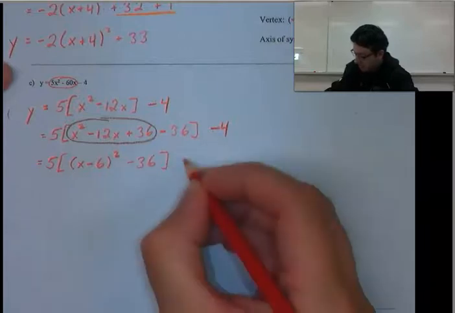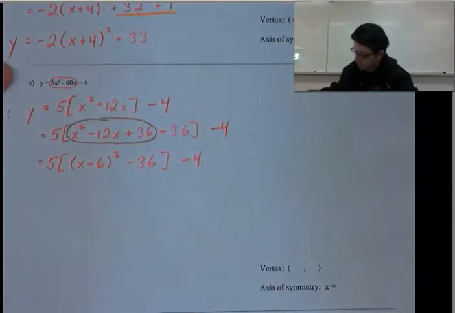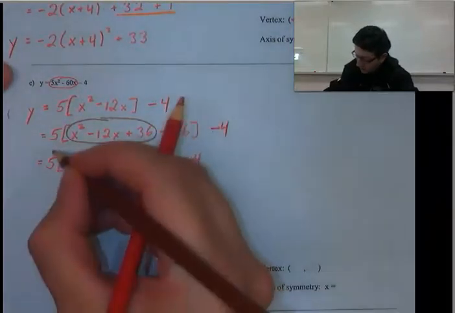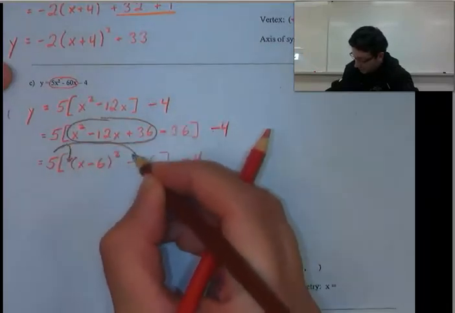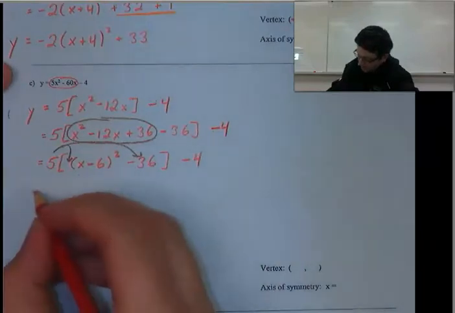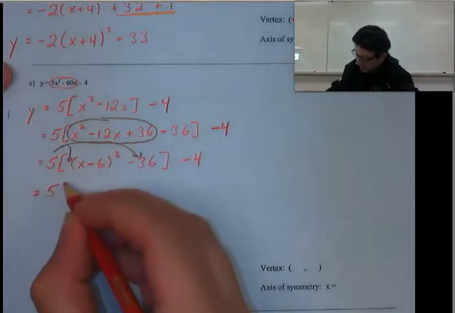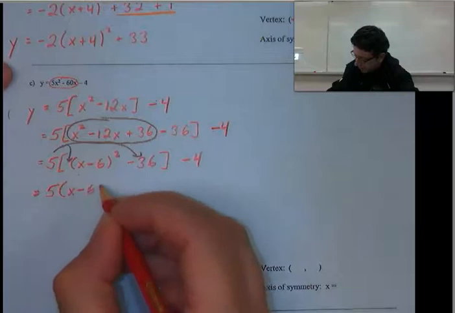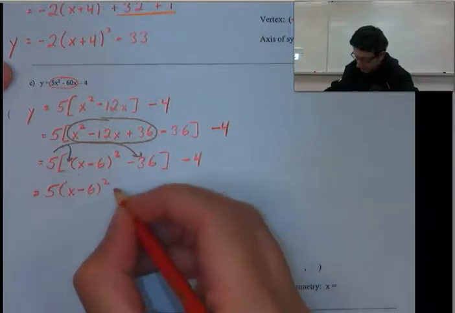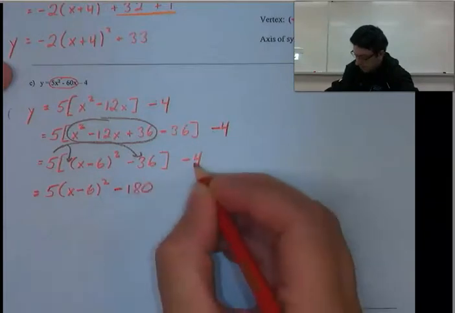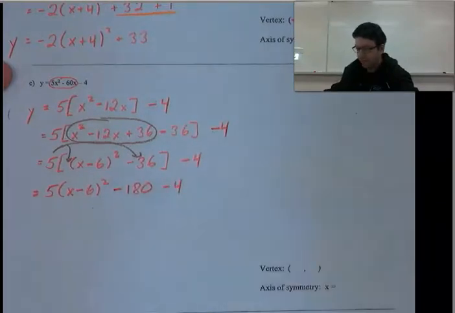And we still have that negative 4 there. Now we're going to distribute the 5 into our bracket. So first we have 5 times x minus 6 squared, and then 5 times negative 36, which is minus 180, and still have that 4.